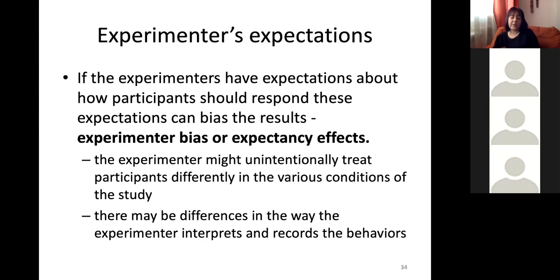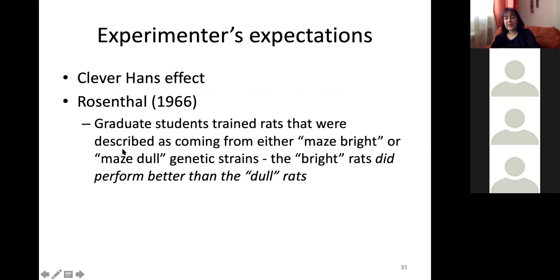If they know that in one of the conditions there is alcohol involved, maybe they're going to read the instructions slowly or slower to the participants. Or if you are doing video recordings and then somebody has to code for the results, let's say how many times the participant moved his hand or arm, then if the experimenter knows which is the experimental condition, this could bias the results and the rating.